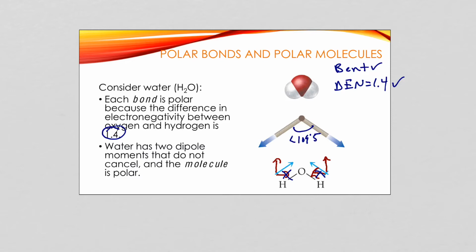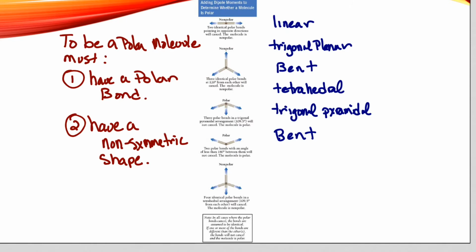They will add together. So water has an overall molecule dipole that points up. Because water is non-symmetrical, it's polar. It has a polar bond and a non-symmetric shape, so it ends up being polar. If we take these two examples and put them together, we can come up with some general rules.